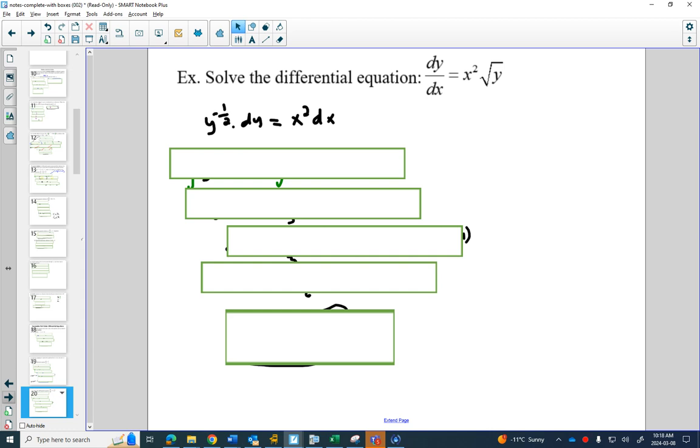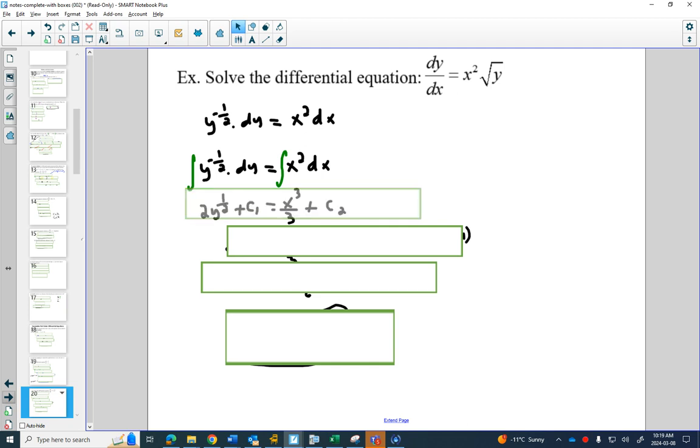And again, just like all of our other integration, we are working at rearranging things so that they look like something we can easily do the integral of. I can easily integrate y to the negative 1/2. I can easily integrate x squared. And because the y side is in terms of y, we just integrate like normal. And because the x side is in terms of x, we can integrate like normal.